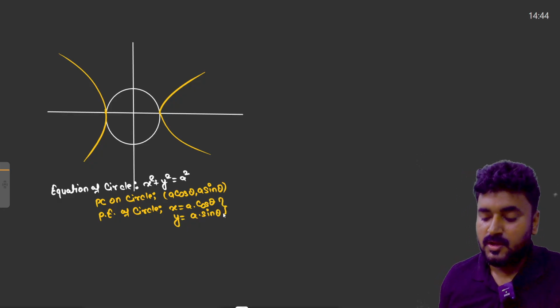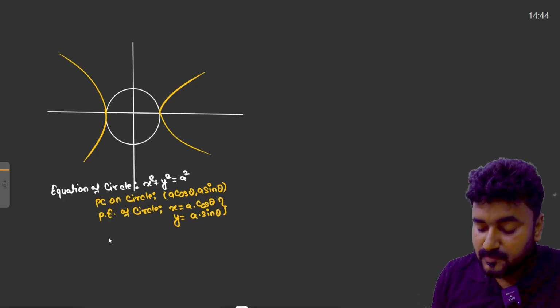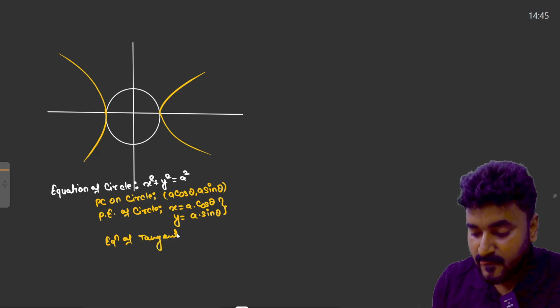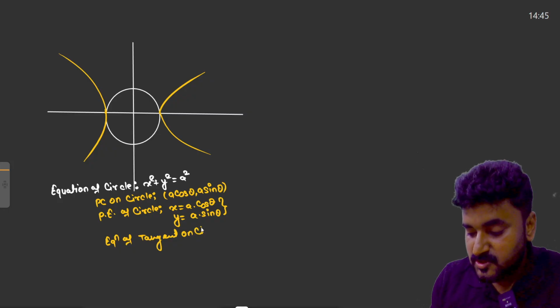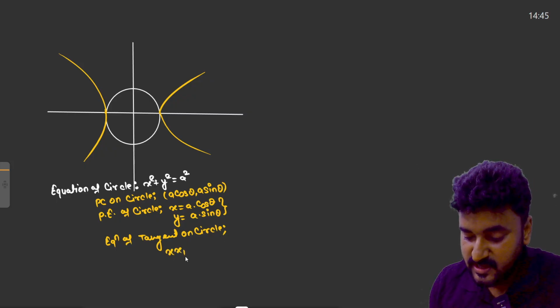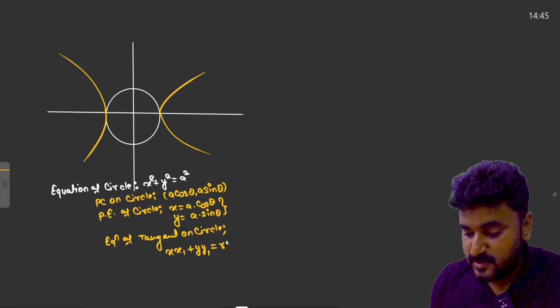Also, one more thing you have done, the equation of tangent on the circle. Just now I said that for any tangent you can write the equation x x1 plus y y1 equals r square, or a square.